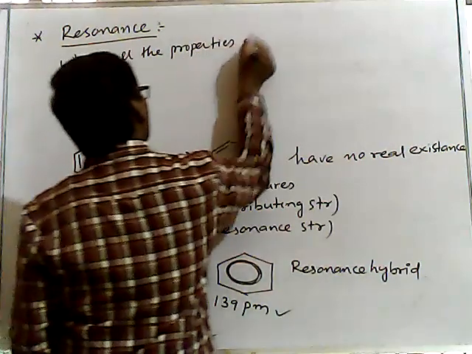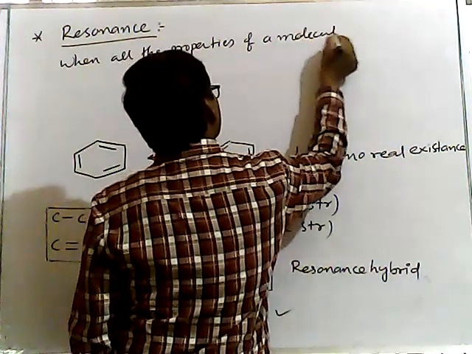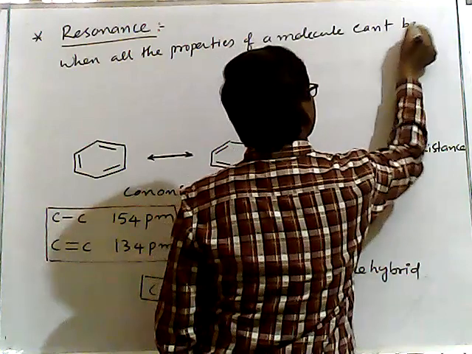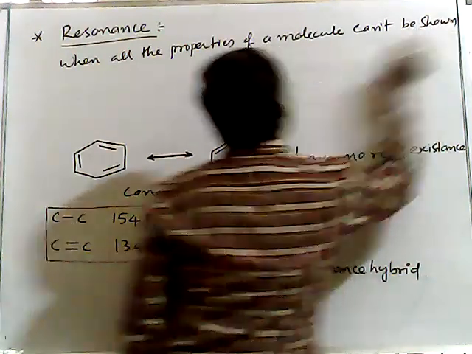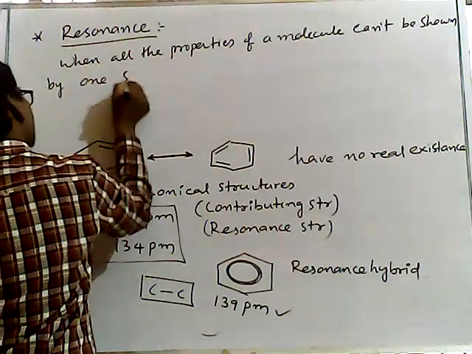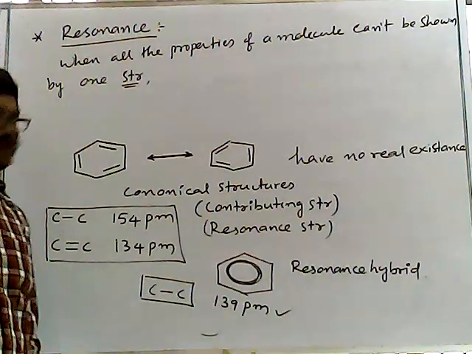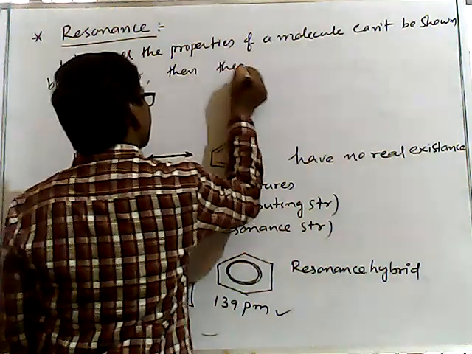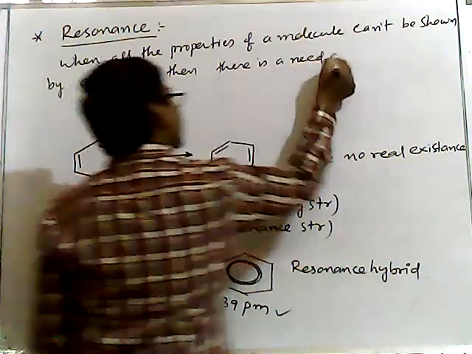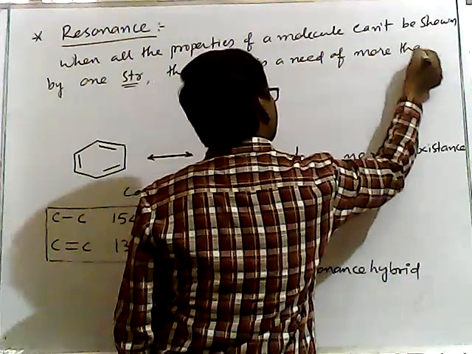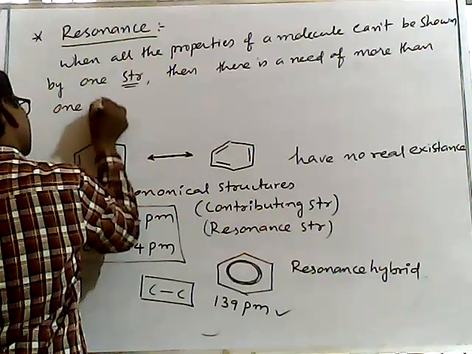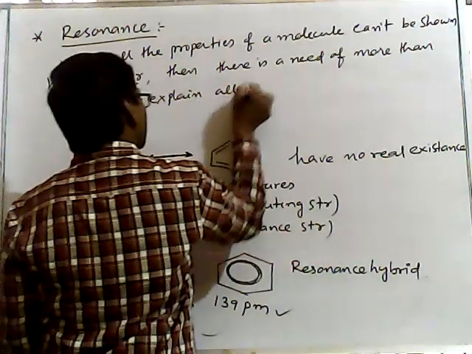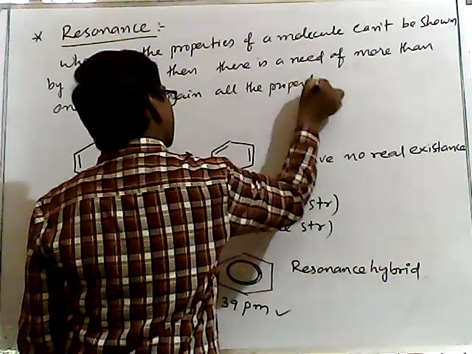When all the properties of a molecule cannot be shown by one structure, there is a need for more than one structure to explain all these properties.